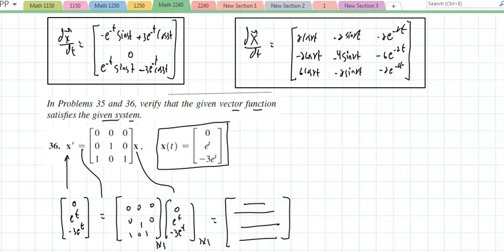To generate the first entry, I use the first row multiplied, bunch of zeros. To generate the second entry, I take the second row multiplied. That will be 0 plus e to the t plus 0, which is e to the t. And to generate the last entry, I take the third row multiplied. 1 times 0 is 0, plus 0 times e to the t is 0, minus 3e to the t.